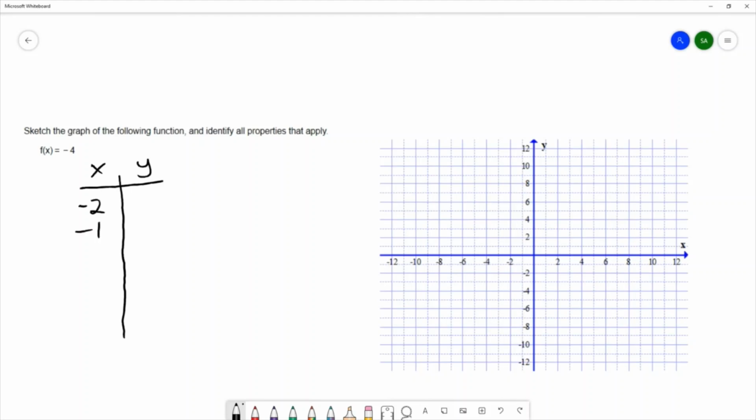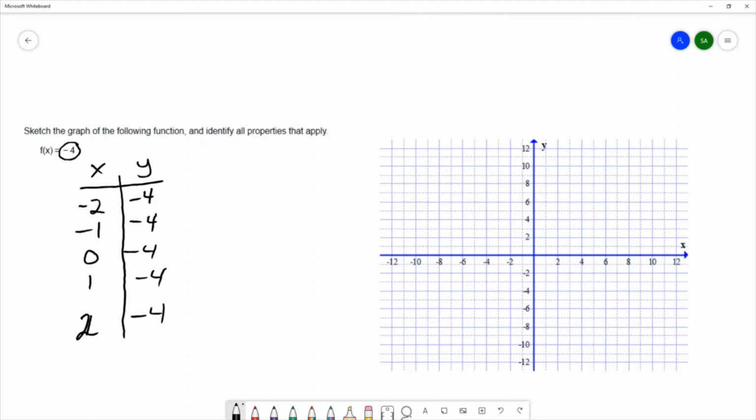negative 1, 0, 1, and 2, I can see that this equation doesn't have an x variable in it, and this is what we call a constant function, meaning that the y is constant no matter what the x is. So we would get a y value of negative 4 no matter what x you choose.